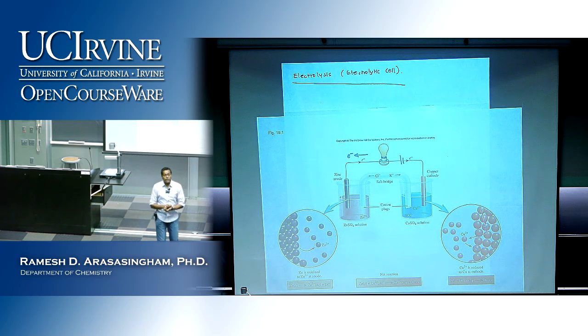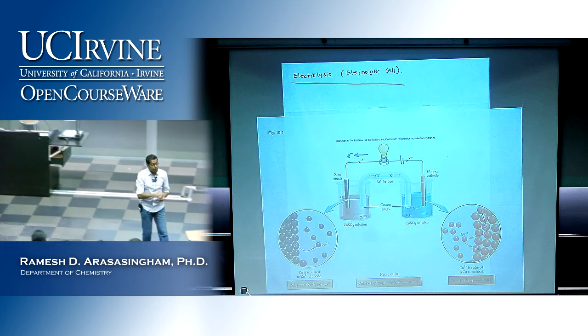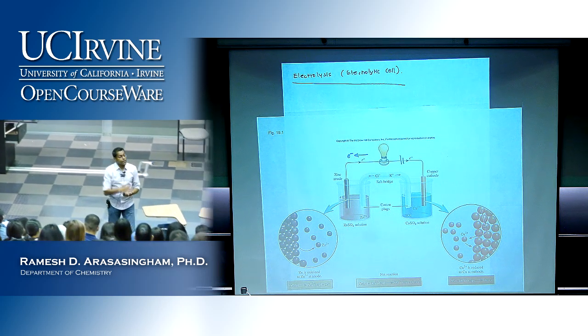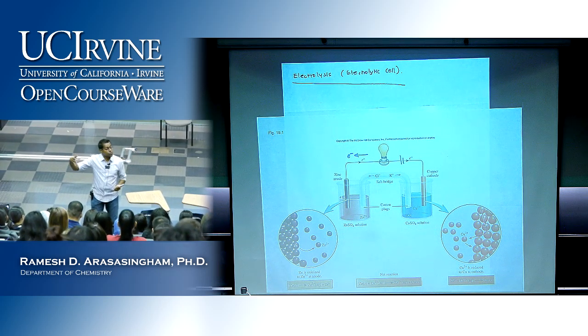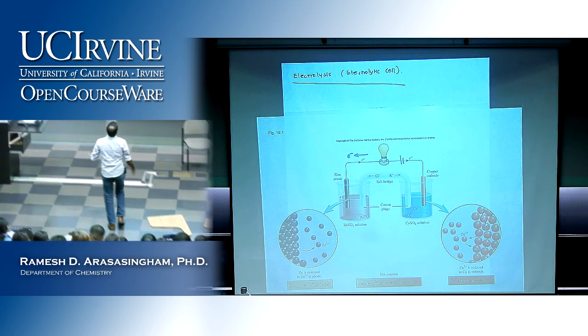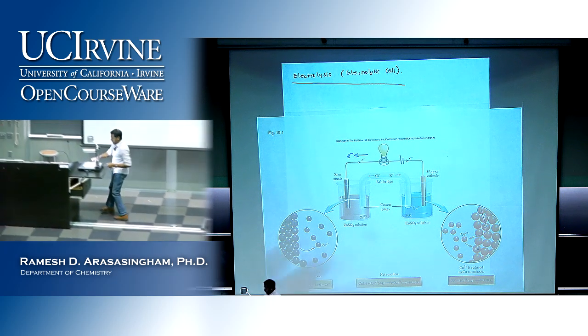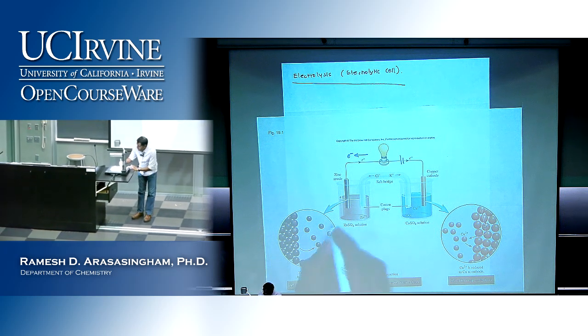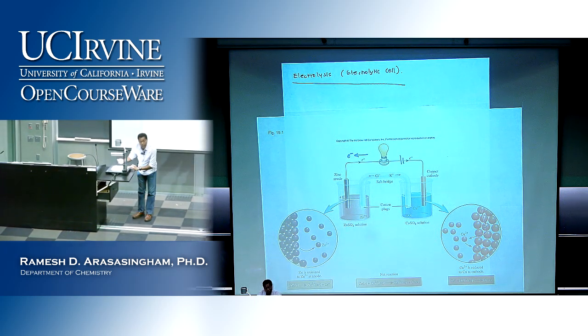We're forcing the electrons in the opposite direction by using an external source of current, so the reaction that would take place here would be a reduction.